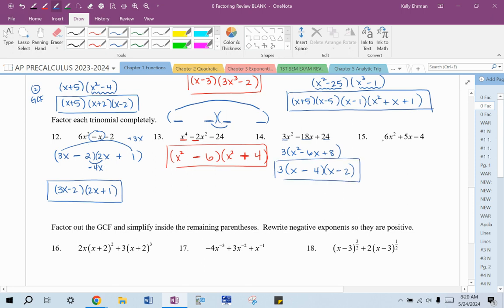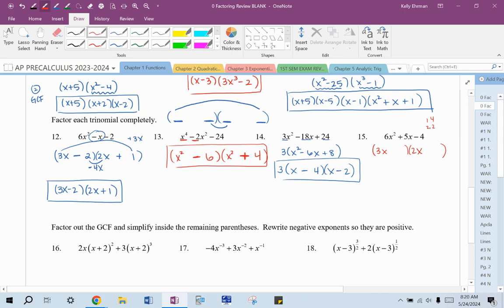Is there a GCF for 6, 5, and 4? Nope. So we're going to think, how do we split this up? Again, 6x squared, none of these numbers are huge, so it's probably not going to be 6x and 1x. It's probably going to be 3x and 2x again. And then the ways to break up 4 could either be 1 and 4 or 2 and 2.